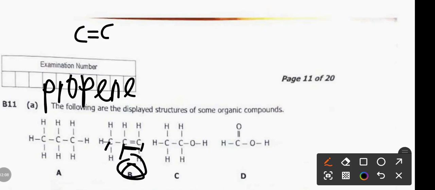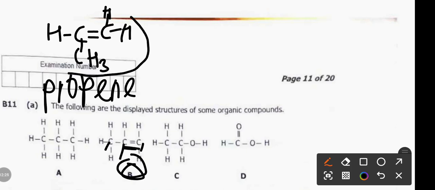So we'll have CH3, and that's an H, that's an H, and the remaining H there on top. So this is the condensed formula of propene, and remember propene is going to be my monomer.